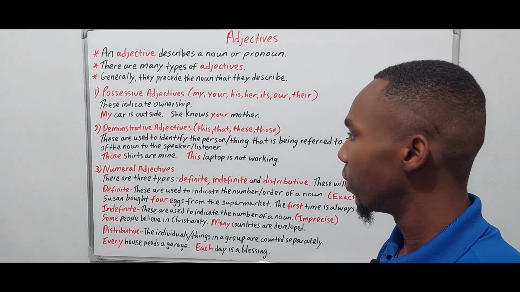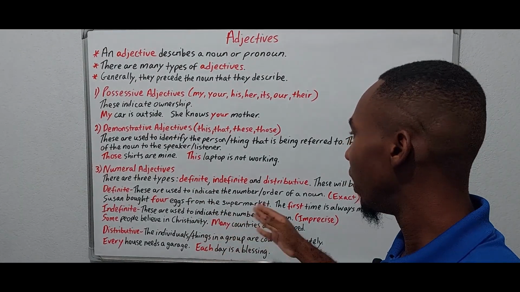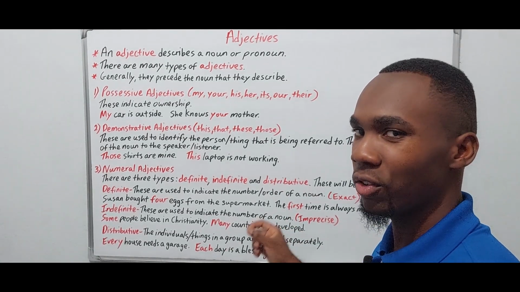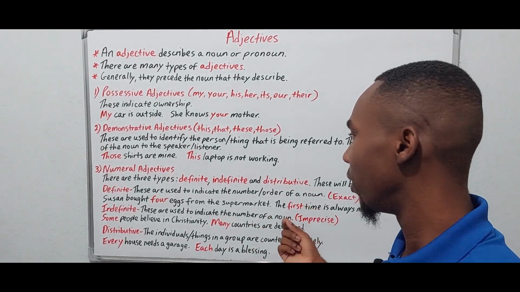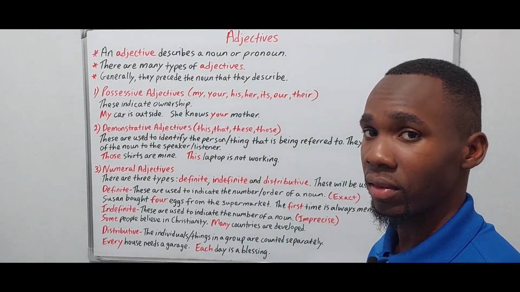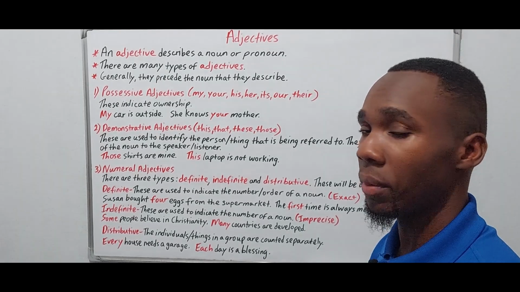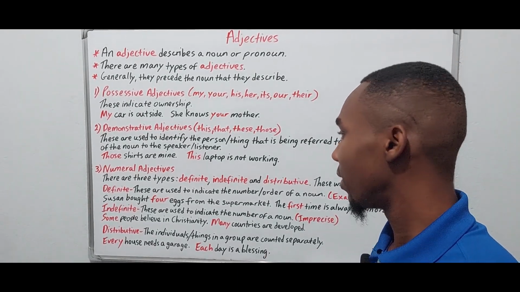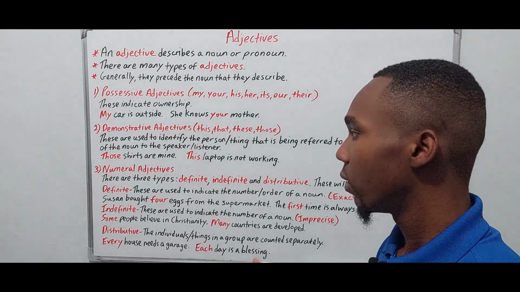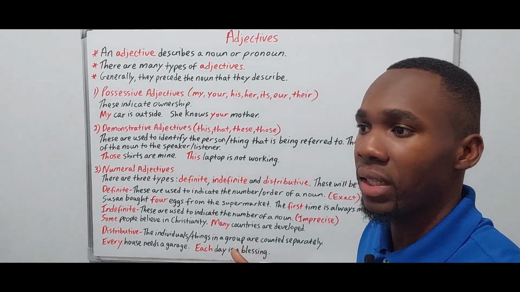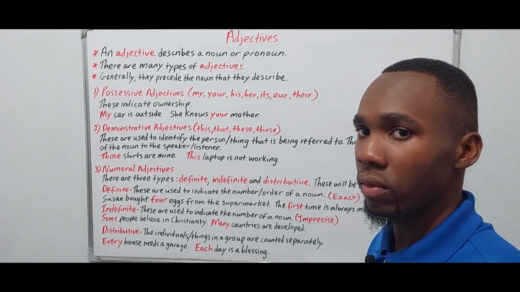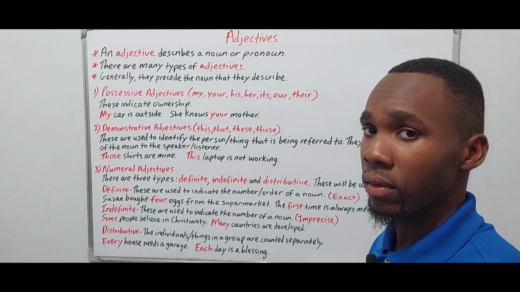Indefinite numeral adjectives. So these are used to indicate the number of a noun. Yes. These are also used to indicate the number of a noun. But the difference is that the number will be imprecise, or the amount will be imprecise. It will not be exact. For example, some people believe in Christianity. Some, what does that mean? Some does not give us the exact amount. It gives us an idea, right?